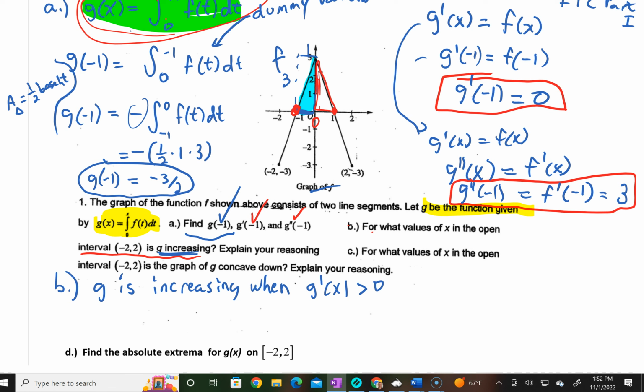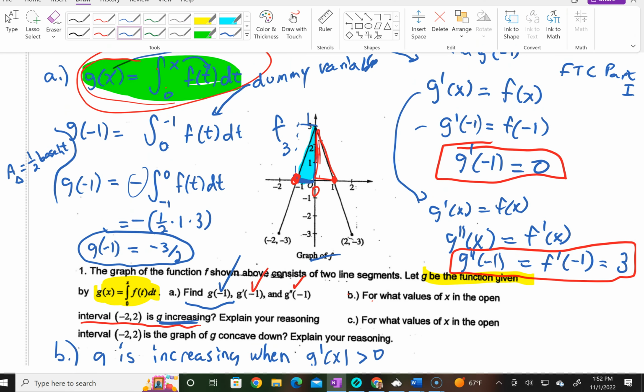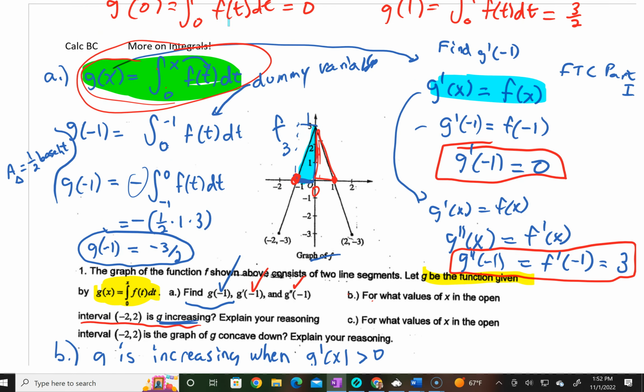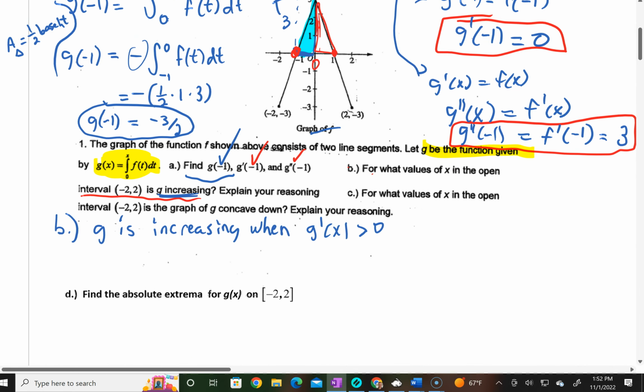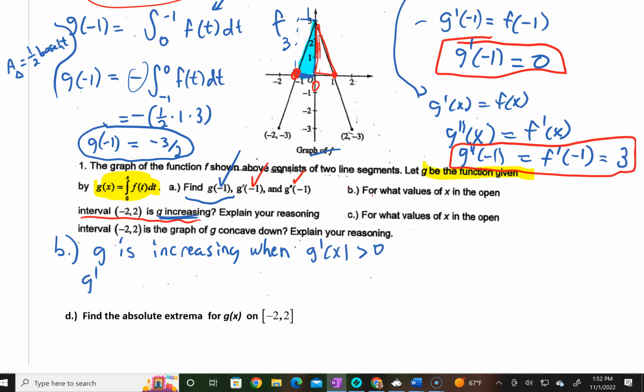What Rudva just answered, he was more or less saying, well, we just saw up above, I'm going to highlight it in blue, that when we took the derivative of that accumulation function, we just had f of x. G prime of x equals f of x. We're interested where this function f is positive.